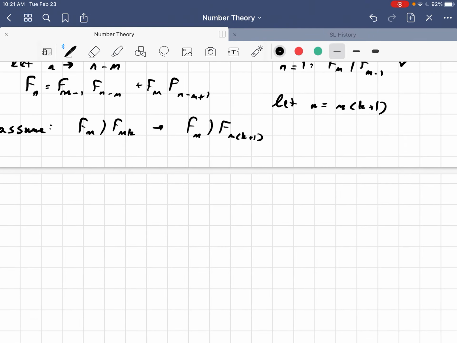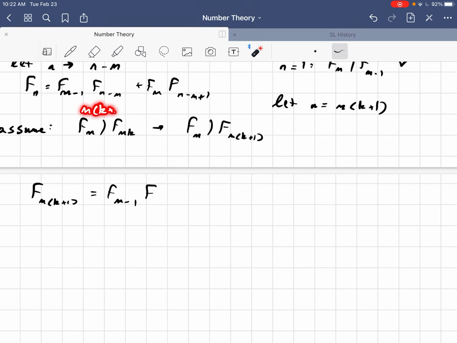Now, what I can do is say that this is equal to f sub m times k plus 1. It's equal to f sub m minus 1 times f sub, now right here, I would have m times k plus 1 minus m, right up here.